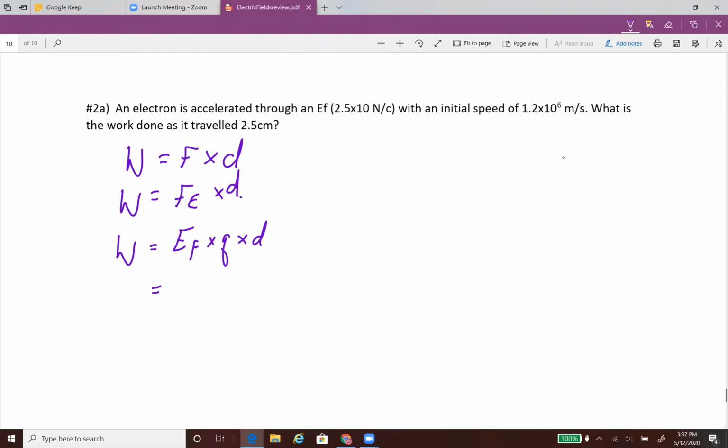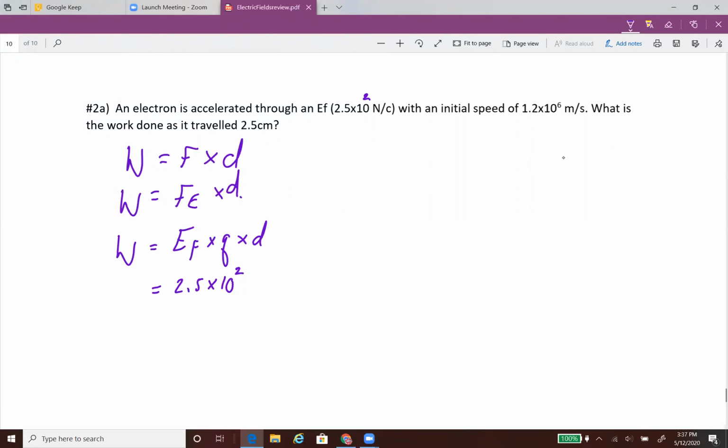So the electric field is 2.5 times, I'm missing the exponent. I think it's 10 to the 2. Yeah, it is 10 to the 2.